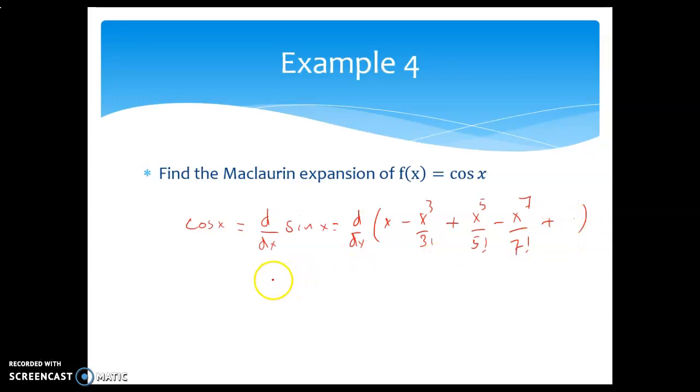If we do that derivative, we should get 1 minus x squared over 2 factorial plus x raised to the power 4 over 4 factorial minus x raised to the power 6 over 6 factorial, and so forth.